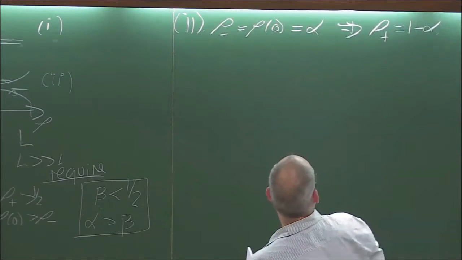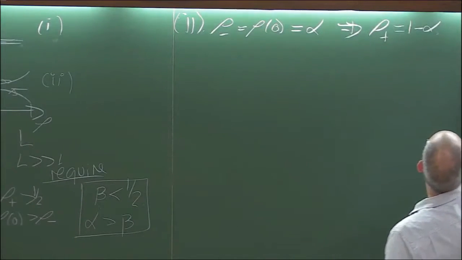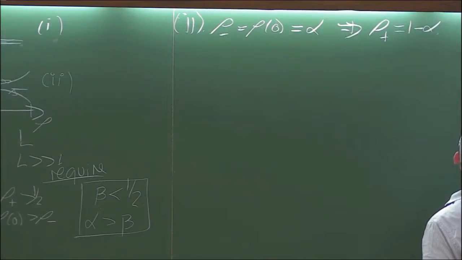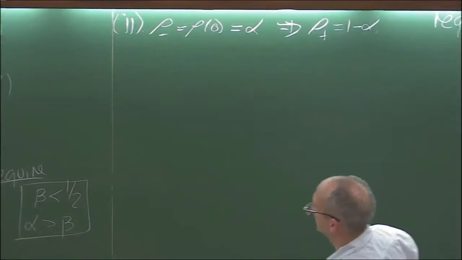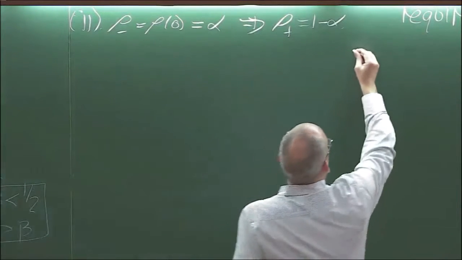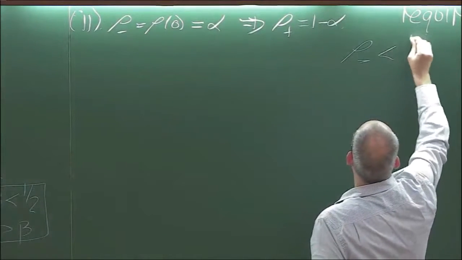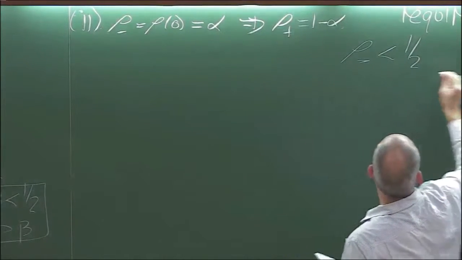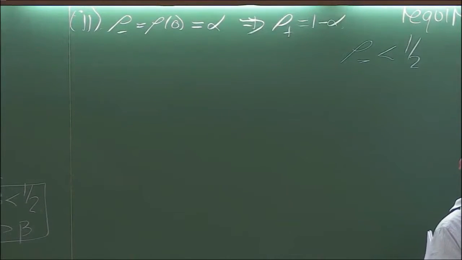So what I require is, first of all, rho minus must be the lower one. So rho minus must be less than a half. And that tells me that alpha must be less than a half.